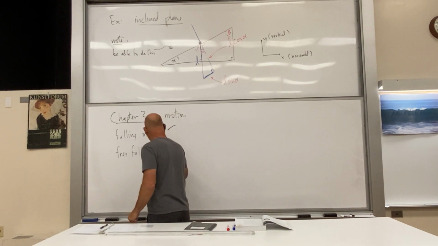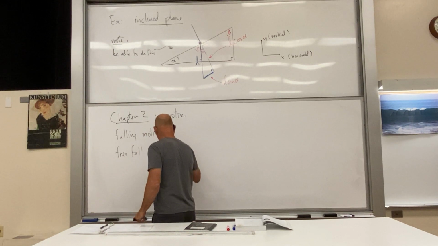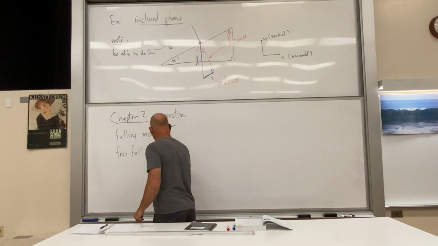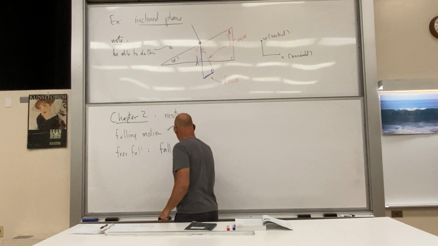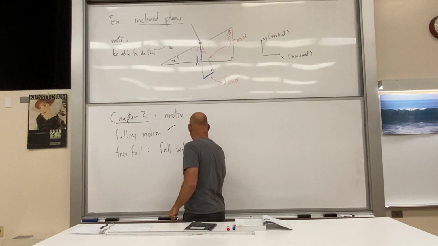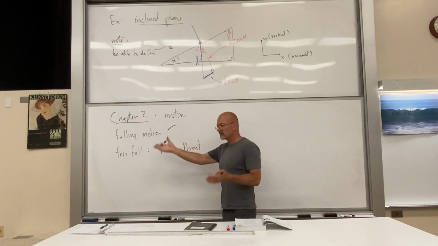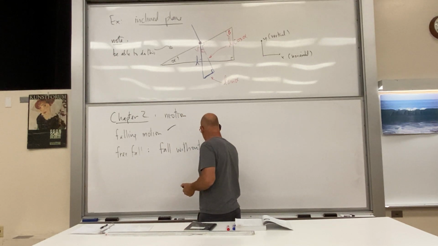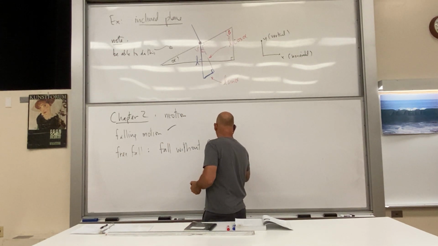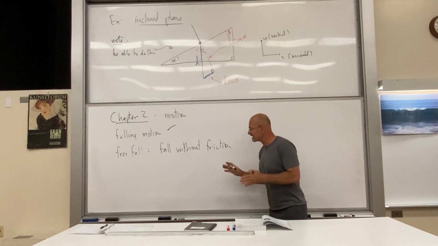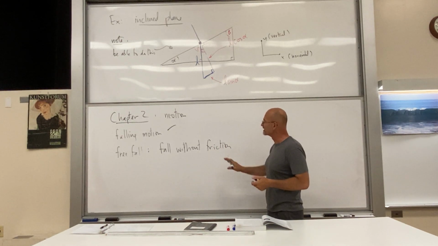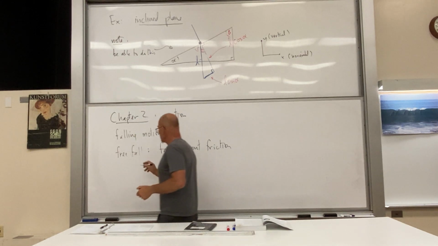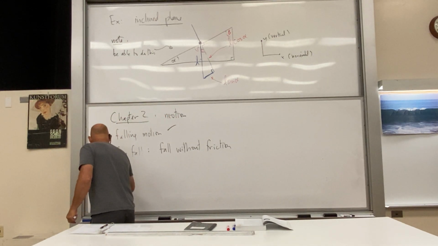Free fall, all, or actually what we'll do is we'll say fall without friction. So we've got falling motion, that's when things fall, no problem. Free fall is defined as fall without friction or with sufficiently little friction, okay? Negligible friction.